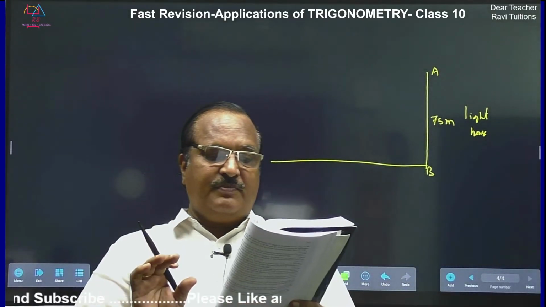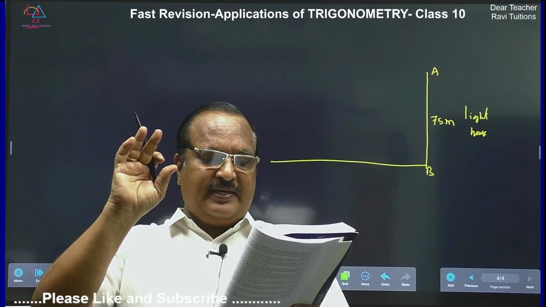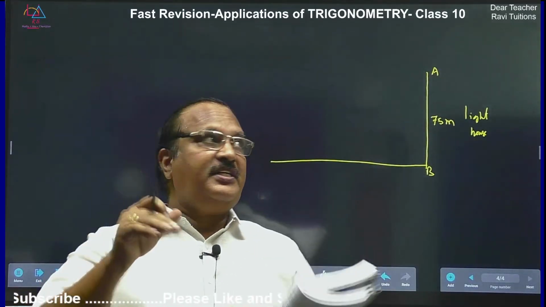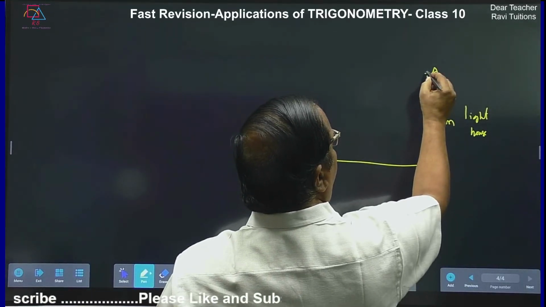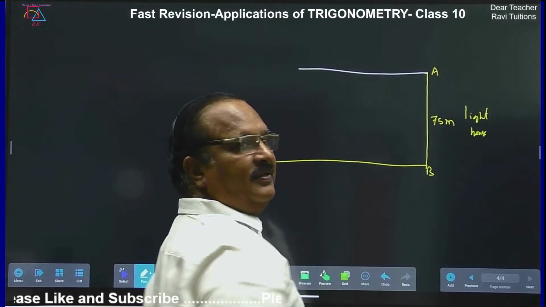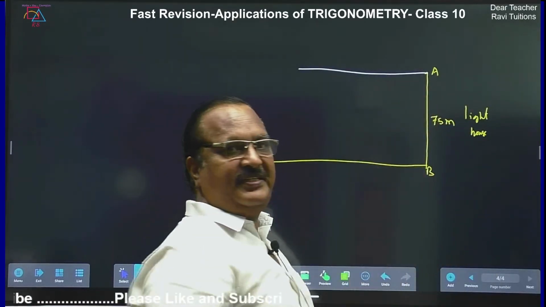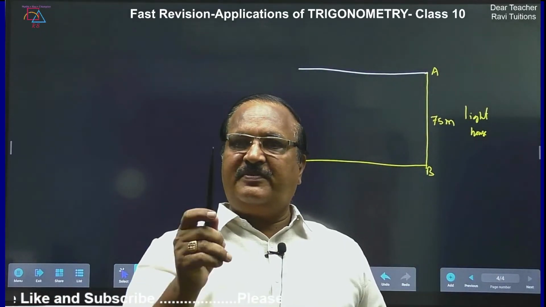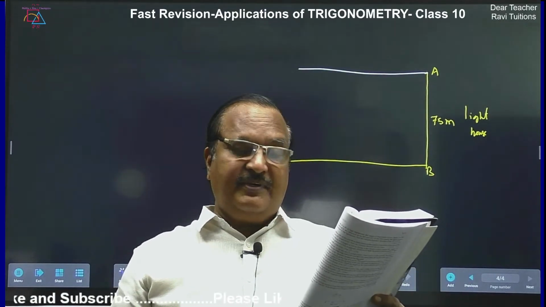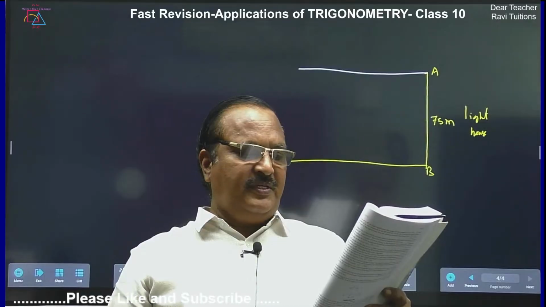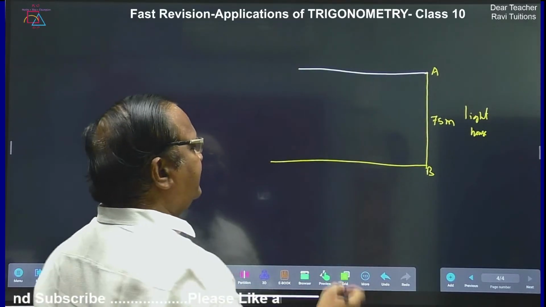As observed from the top of a 75 meters tall lighthouse. Also, the observation is from the top, from here. So, you draw a horizontal first, because this is the point of observation. Wherever the point of observation is, you should draw a horizontal. So, the angles of depression of 2 ships are 30 and 45 degrees. There are 2 ships.